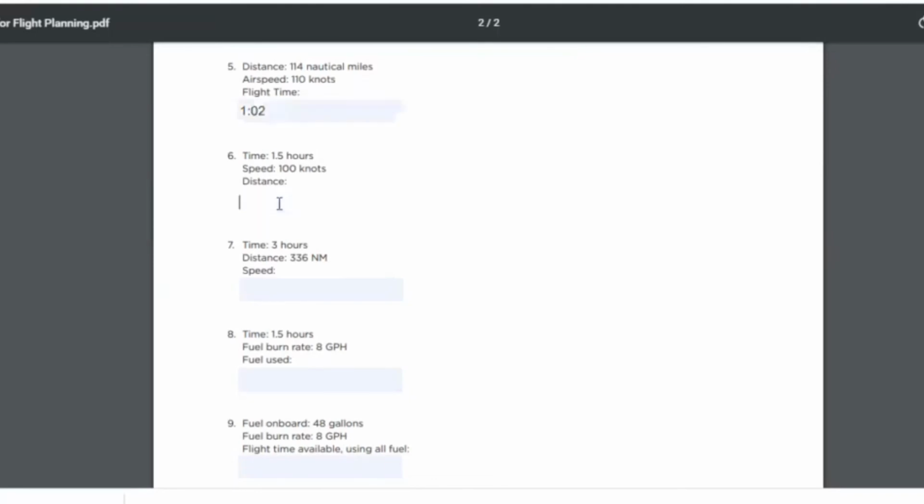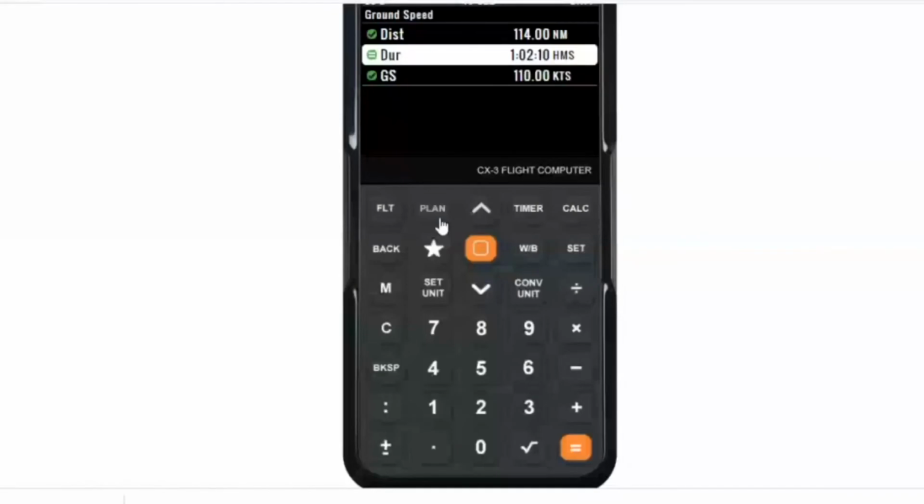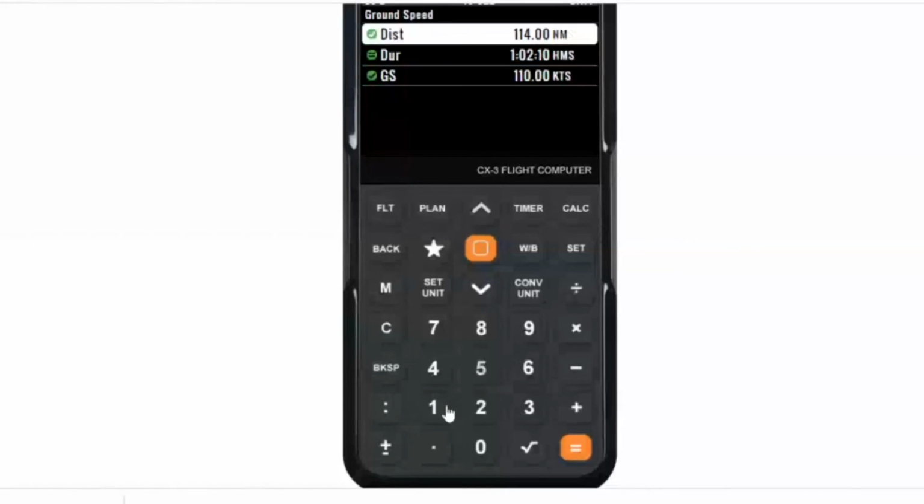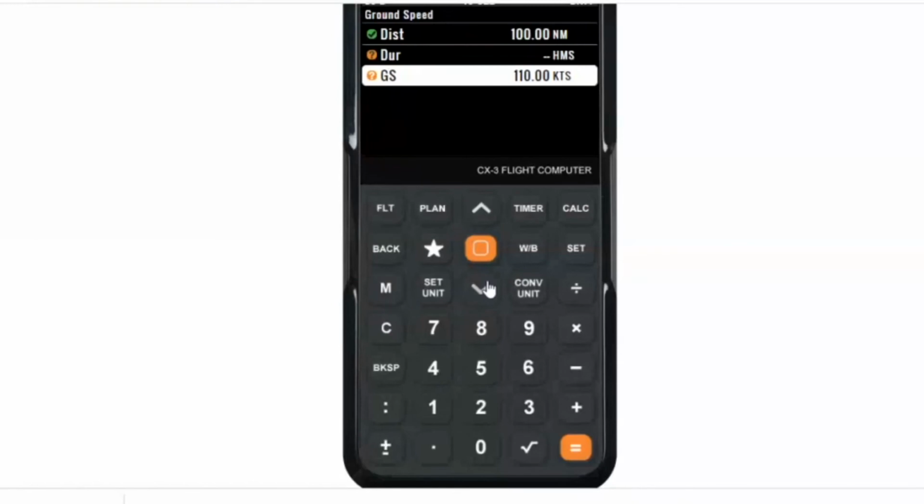The next question, same thing. Distance equals rate times time. So distance equals the speed times the amount of time that you're going to be flying it. So that's what your CX3 is doing here. If you said that the distance was, what did we say it was? 100. And the ground speed in the question was, oh, we don't have the ground speed this time.